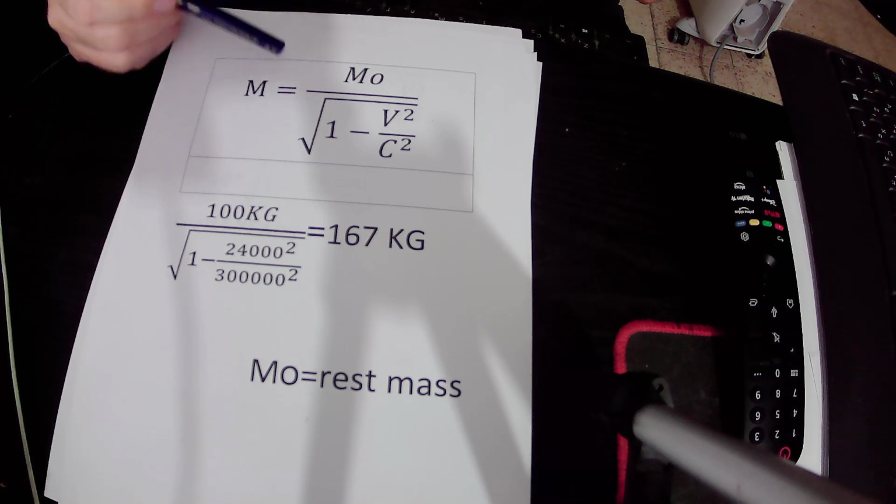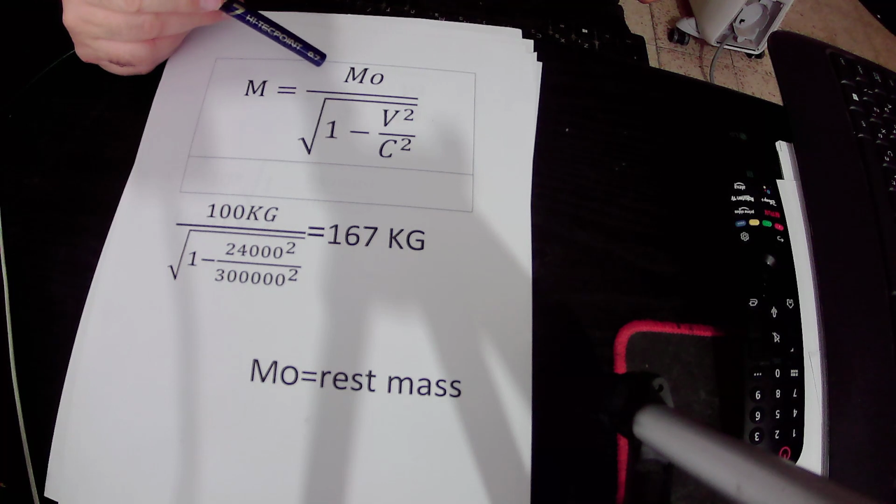And m naught is the rest mass, that is to say the mass on Earth when the body or the object is not moving at all.